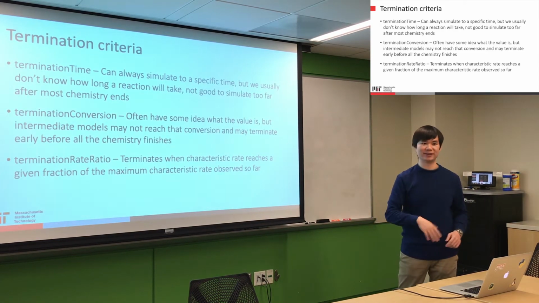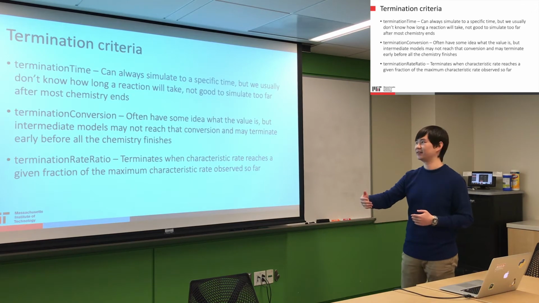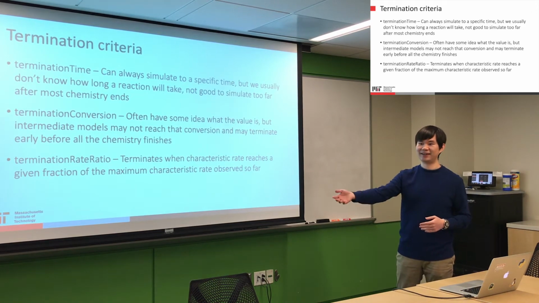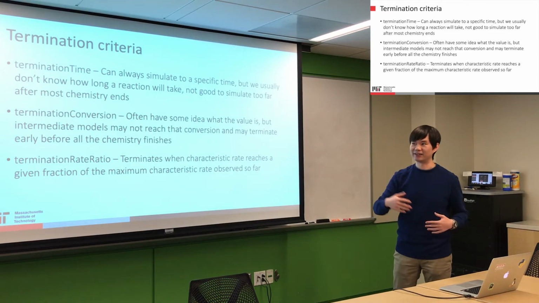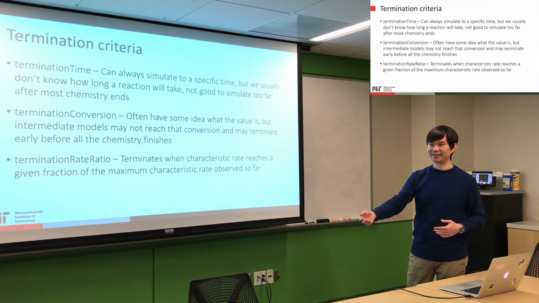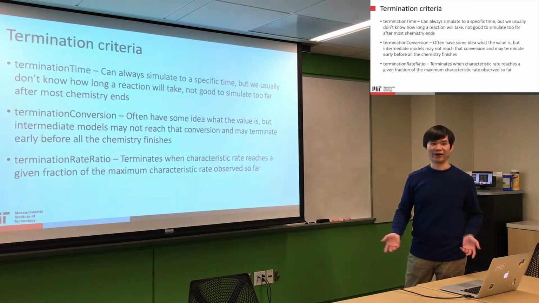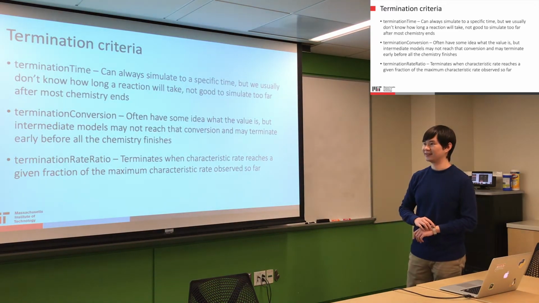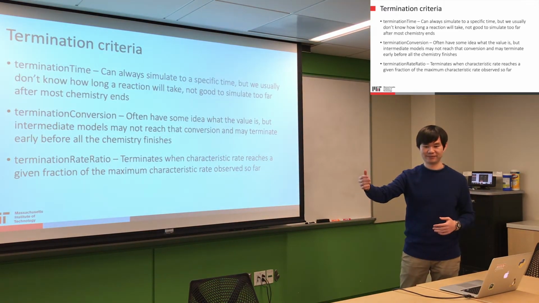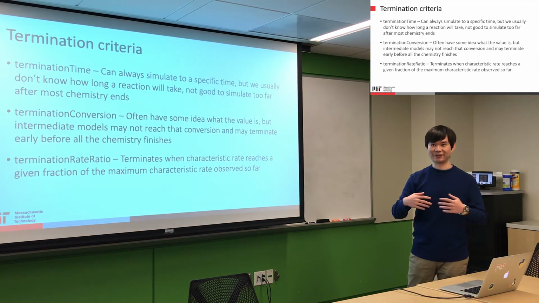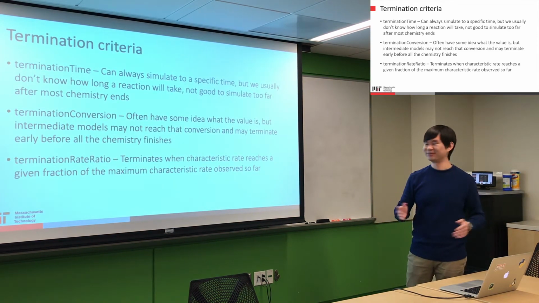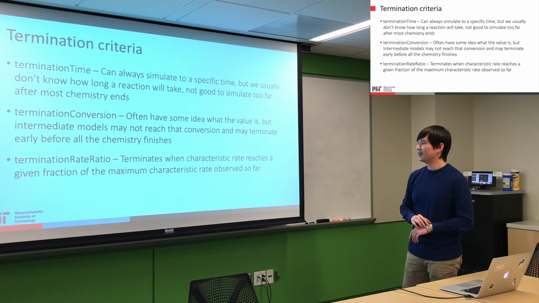You don't want to set it too early because you might miss a lot of important reactions. If you set it too late, then the important reactions will have happened already, and you might start adding in random things that aren't important to your system, because at that point the characteristic rate might have dropped so low that you're just adding in random reactions and species.